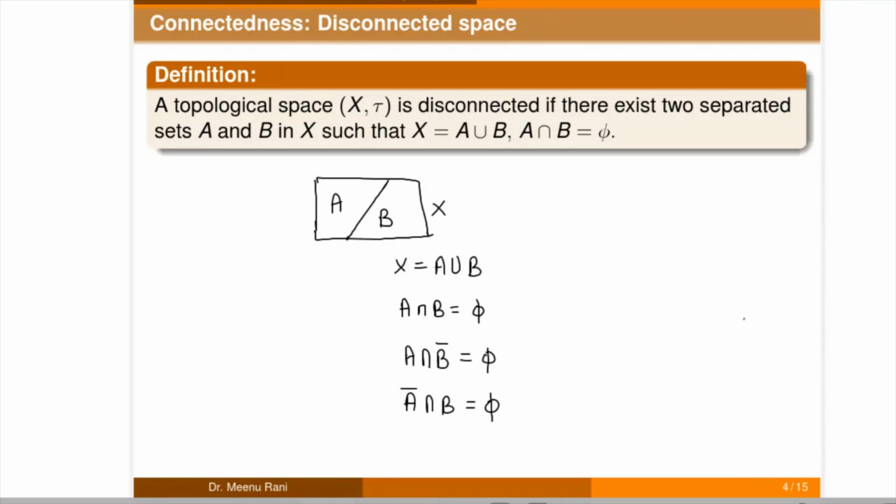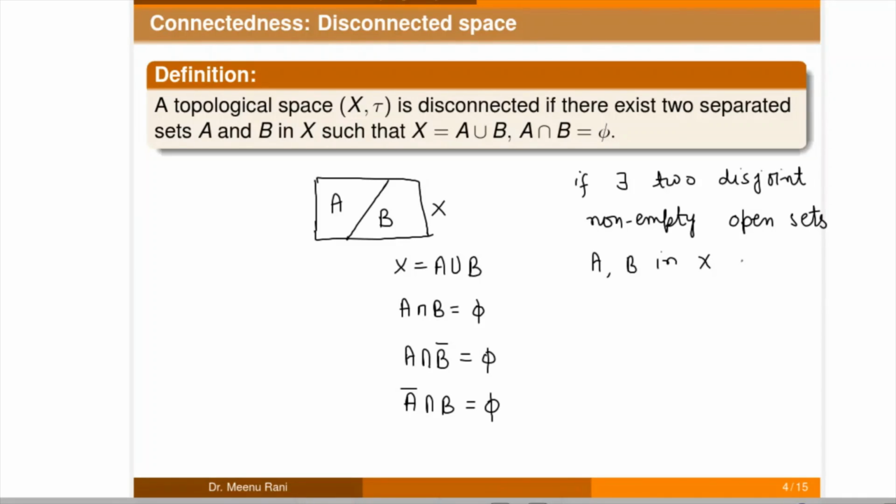And also we know that two disjoint non-empty open sets are separated sets. So we can define disconnected space in terms of open sets also. So X is disconnected if there exist two disjoint non-empty open sets, let us take A and B in X, such that X is equal to the union of these two sets and these are disjoint sets, then X is a disconnected space.